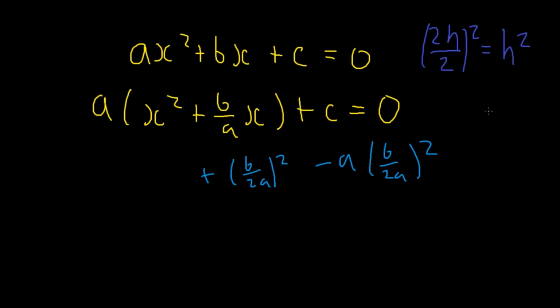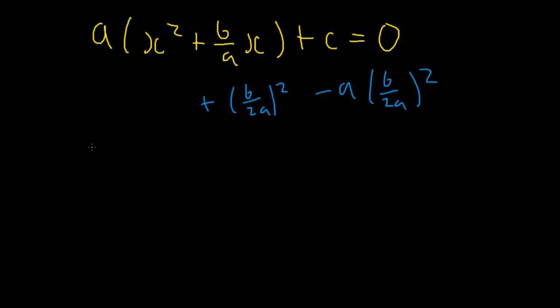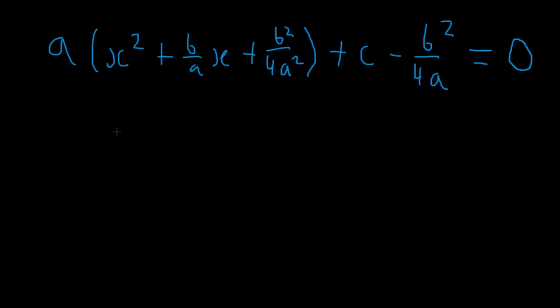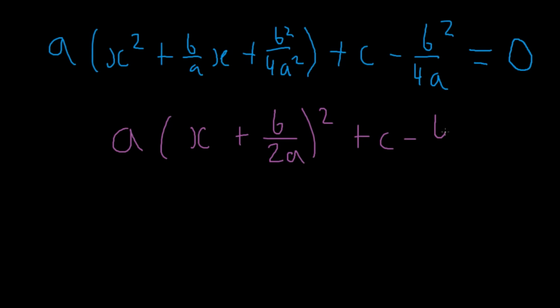Now we have this polynomial, a times x squared plus b over a x plus b squared over 4a squared, plus c minus b squared over 4a. This can now be written as one of the linear-like terms we examined earlier using the completed square, giving us a times x plus b over 2a, all squared, plus c minus b squared over 4a.